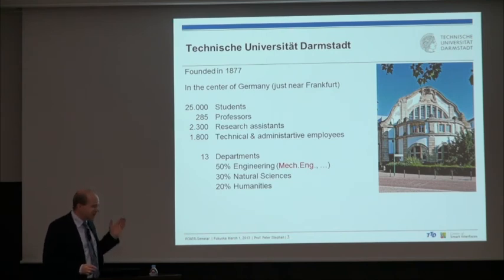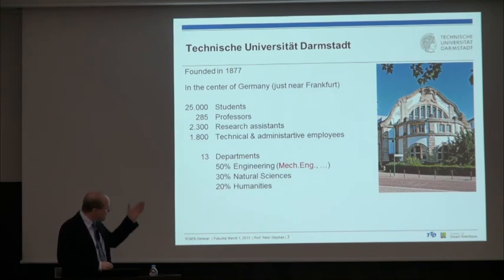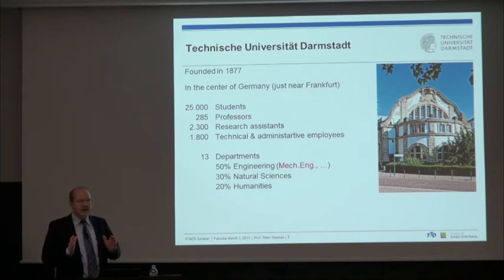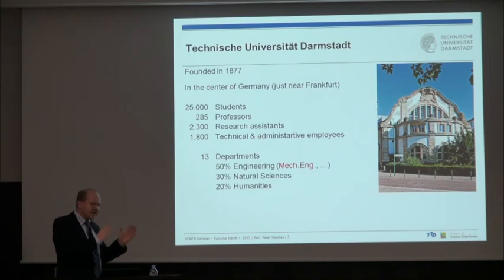I belong to the mechanical engineering department. That's why I put it in red color here. And there's electrical engineering, civil engineering, and so on. About 30% is natural sciences, like physics, material science, and 20% is humanities. But these humanities are always directed into technical issues.